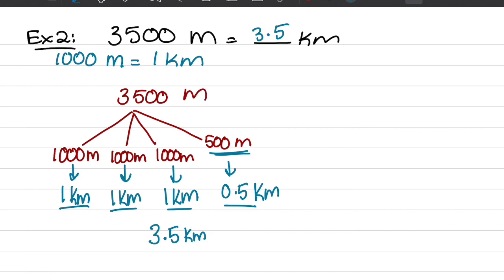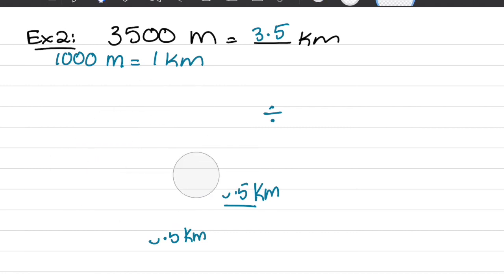So now let's take that logic and turn it into an operation. What we did is we basically created groups of 1,000. Creating groups of 1,000 means that we are dividing. We want to know how many groups of 1,000 we have. So let's erase all of this, and we're going to write the conversion underneath the question here.